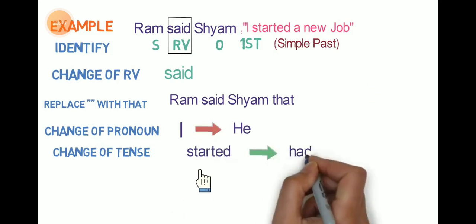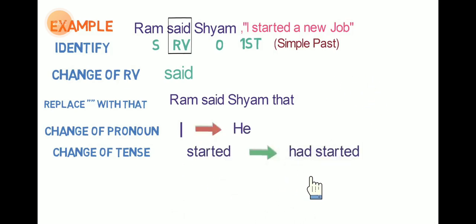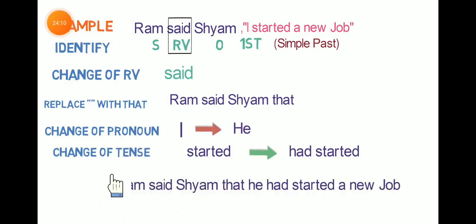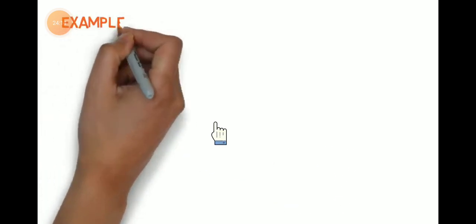Yes, "started" is written as "had started," which is past perfect. Had started. Understood, students? Very simple. It is not written as continuous. It should be written as past perfect tense, which is "had started." All right, students. So students, here we have the sentence: Ram said to Shyam that he had started a new job.